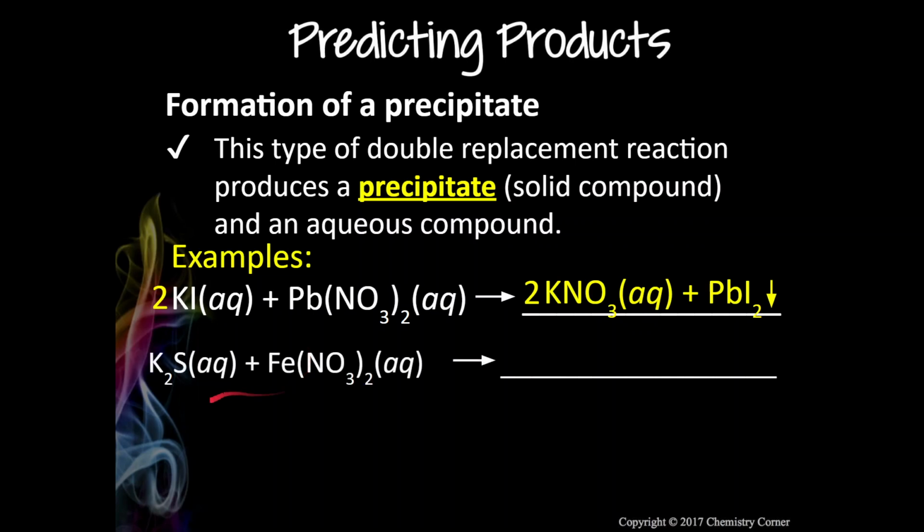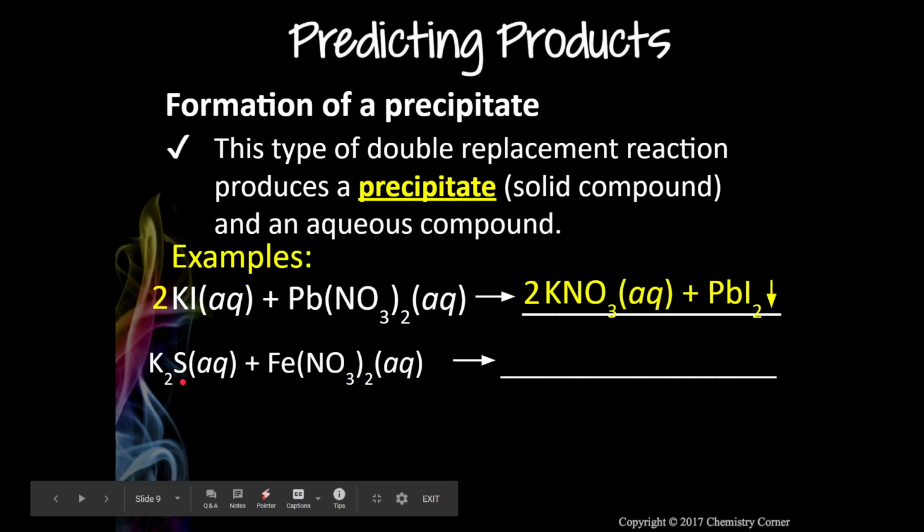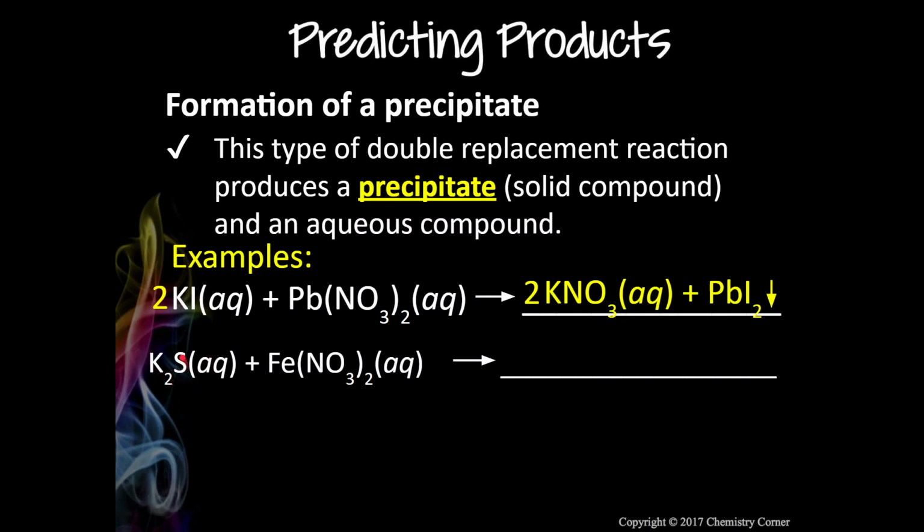Let's look at our next one, K2S, potassium sulfide, aqueous, once again an ionic compound, and iron 2 nitrate, which is aqueous, dissolved in water.